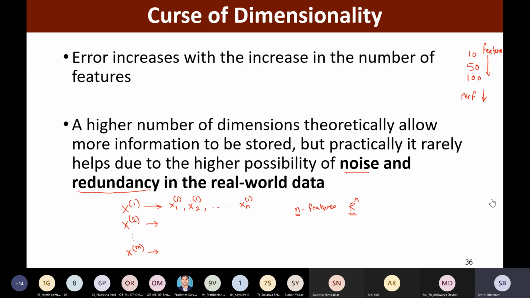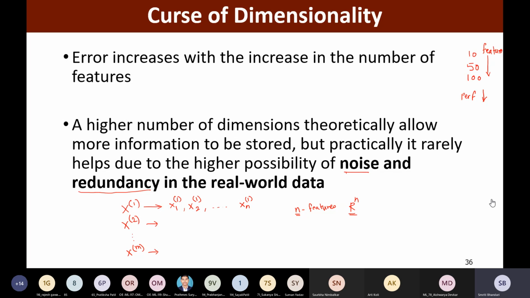If we have lots of features, there is more possibility that we are storing some noisy data, or redundant, repeated data that is not actually contributing to improving the performance of our model. And this is the problem of curse of dimensionality.